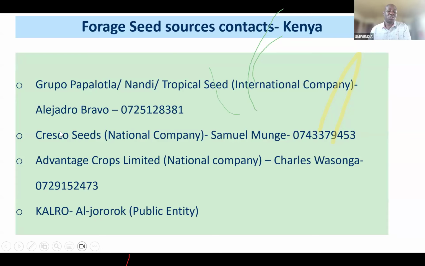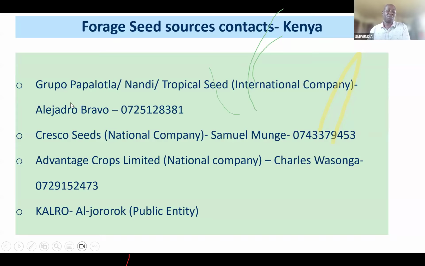And he also works together with this other company, Cresco, that's also finalizing in terms of registration. I know this company is selling very nicely also in countries like Somaliland, the same material. Advantage crops, we may already be familiar with this, whether those hybrids, whether it's Mombasa, Panicums, and others, you can always get them.